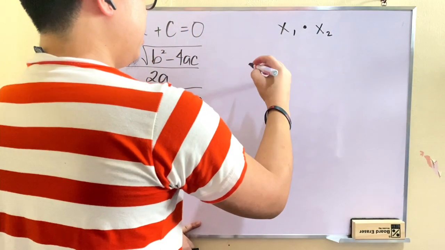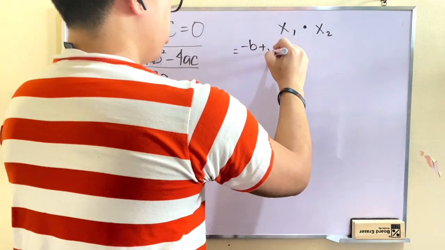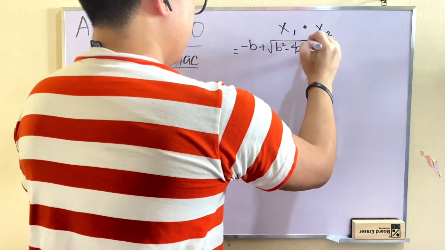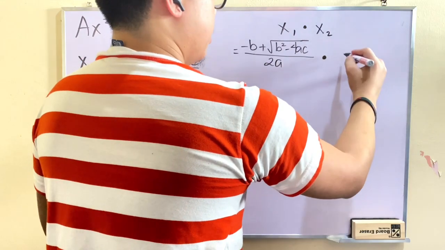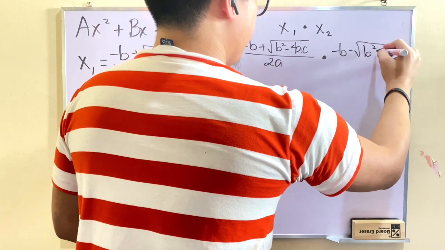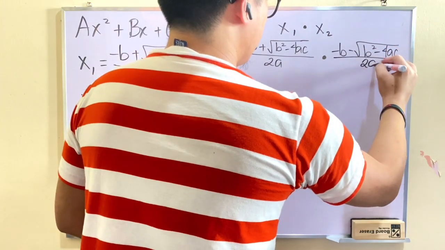Ang x sub 1 natin is negative b plus square root of b squared minus 4ac divided by 2a multiplied by negative b minus square root of b squared minus 4ac divided by 2a.